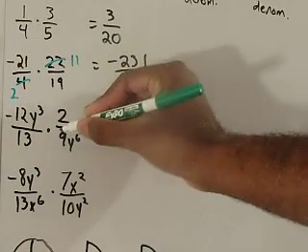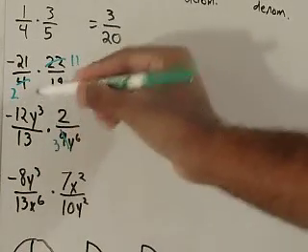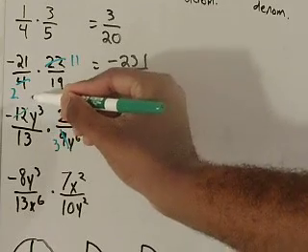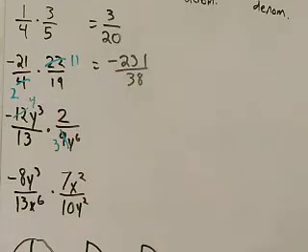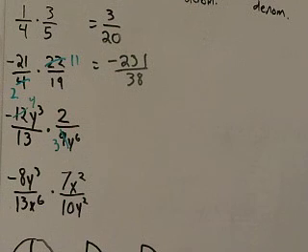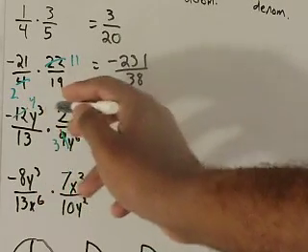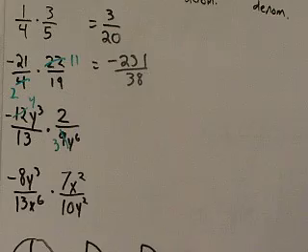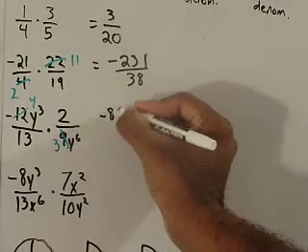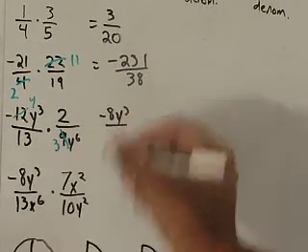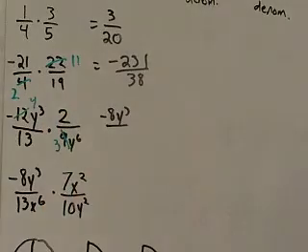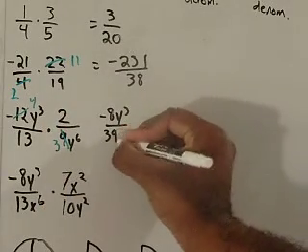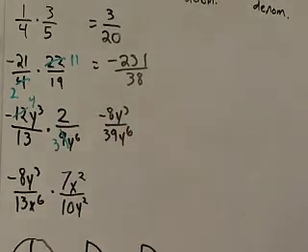So 9 divided by 3 is 3, and 12 divided by 3 is 4. Okay. So let's multiply those together, and I get negative 4 times 2 is negative 8y cubed. 13 times 3 is 39, and then there's a y to the 6.